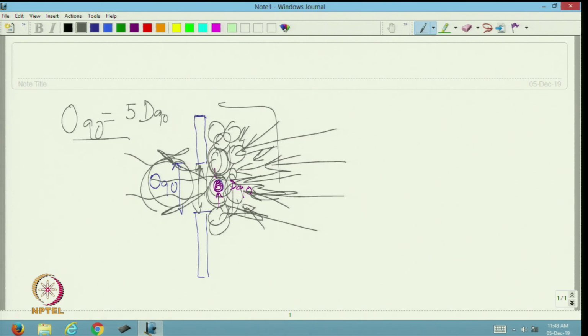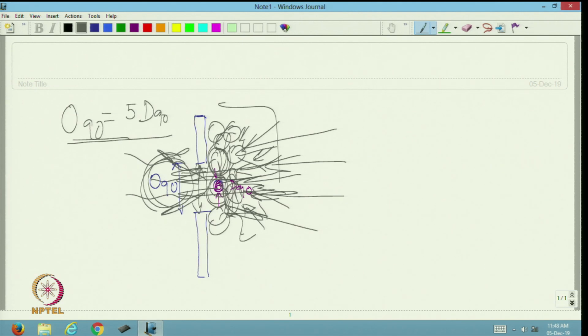That may create a collapse of the structure. In that case, if we maintain this condition O90 equal to 5 times D90, then there will be a problem, all these soil particles will be washed away.